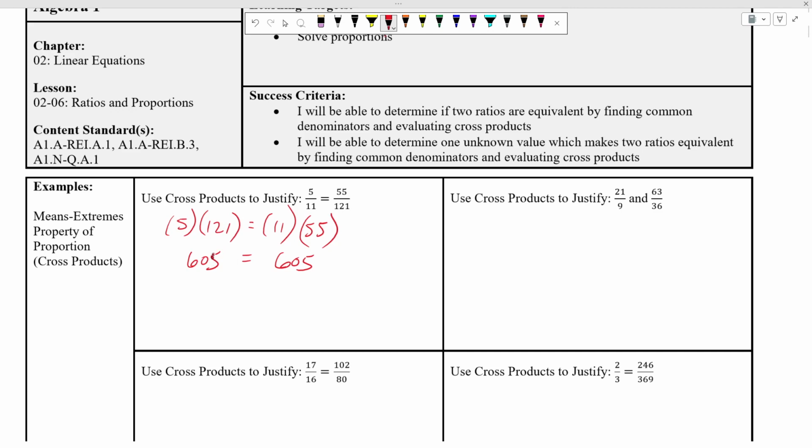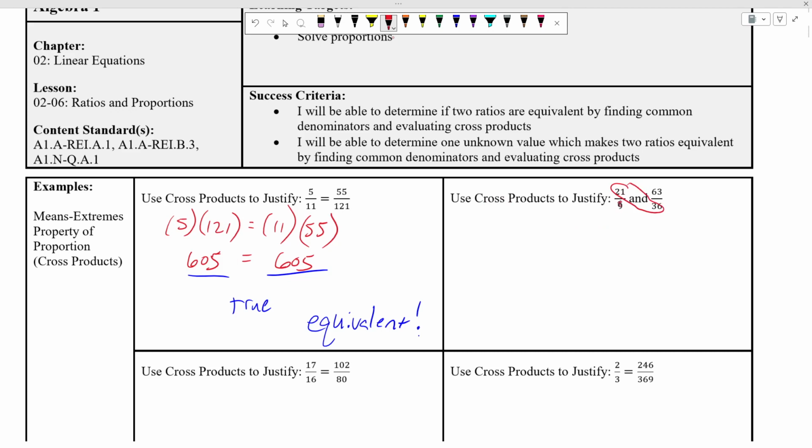So I'm getting the same number on both sides of the equation. That means this is true, these are equivalent. This is valid to say that these are equivalent. Yes, they are, because the statement of truth checks out. Nice, lovely.